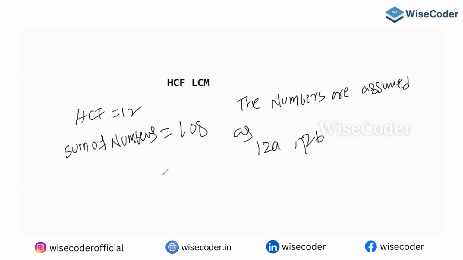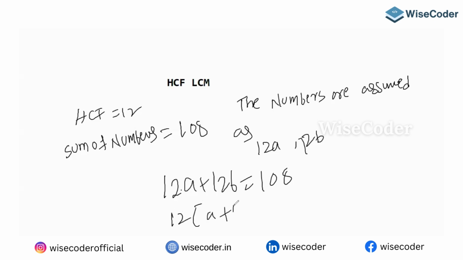And if you add, you can say 12A plus 12B is equal to 108. If you take 12 as common, it's going to be A plus B, which is 108. So A plus B is equal to 12 how many times? 9 times.